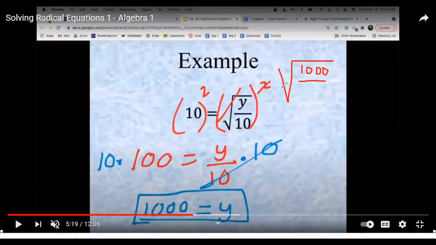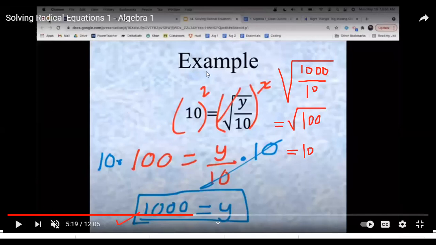So it will be 1000 over 10, equal to square root of 100. Then square root of 100 will be equal to 10. So 1000 is a correct answer. It's not an extraneous solution.